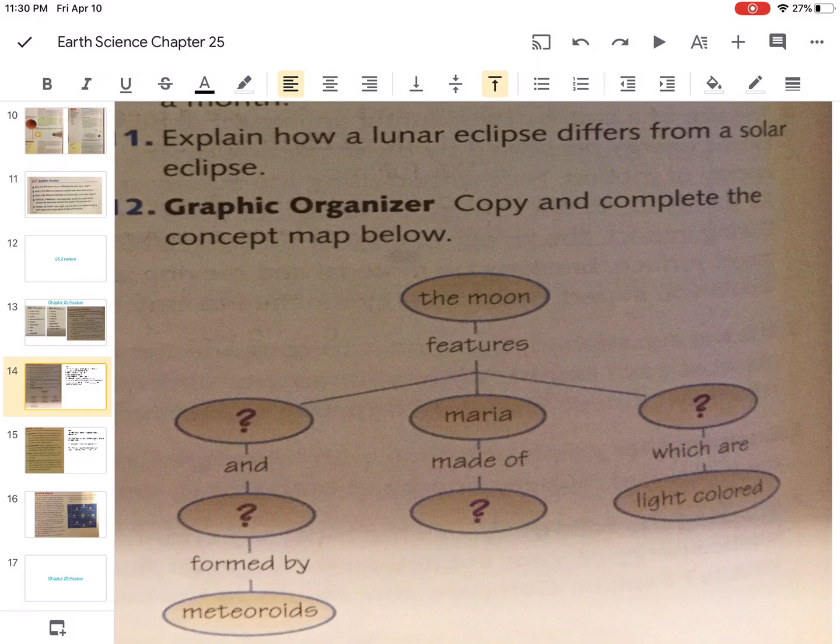And then if you go to the next page, you're going to find the next thing. So, Maria are made of what? You'll have to go and look. The highlands are perhaps light colored. And then the other things are formed by meteoroids.